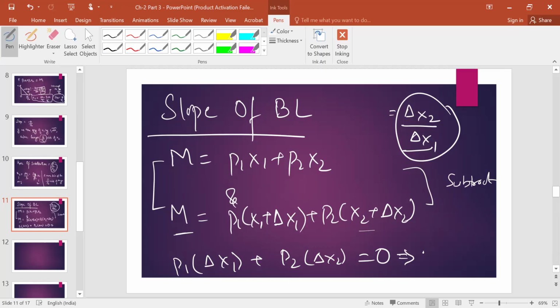This will turn out as delta x2 by delta x1 equal to minus p1 by p2, because this term goes to the right-hand side as minus p1 delta x1, delta x1 comes to the left-hand side, and p2 goes to the denominator. This is something we can derive.